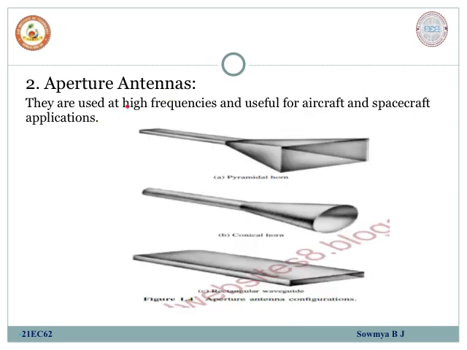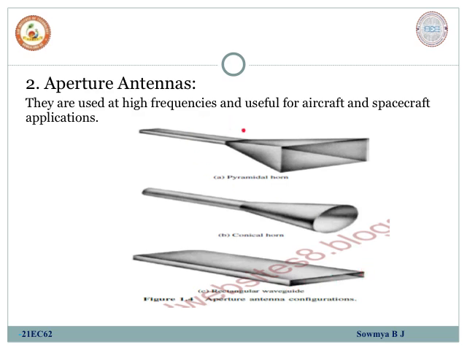Next, we have aperture antennas. In aperture antennas, we have the pyramidal horn, where the horn is in the form of a pyramid shape, which is called a pyramidal horn antenna, and if this is in the form of a cone, it is called a conical horn antenna, and one is the rectangular waveguide antenna.